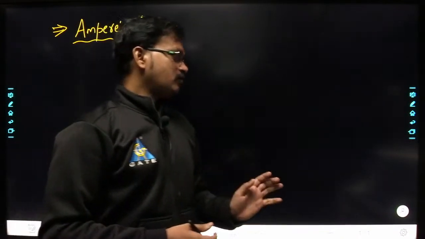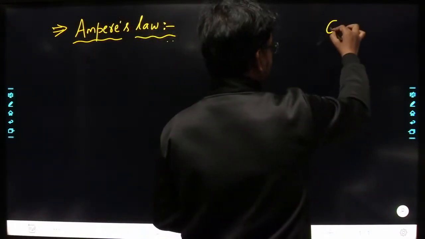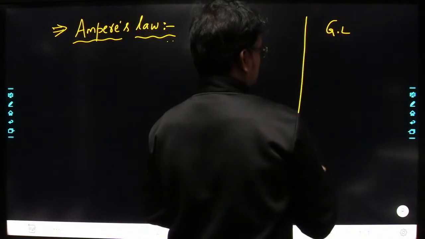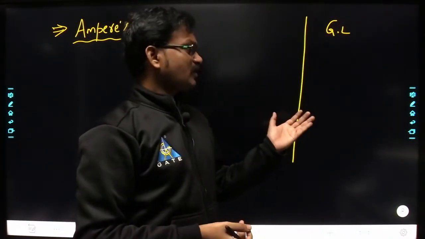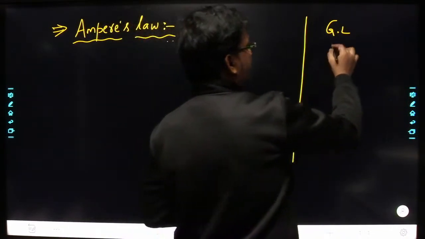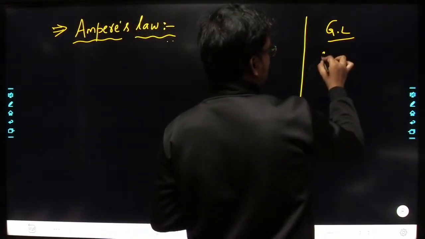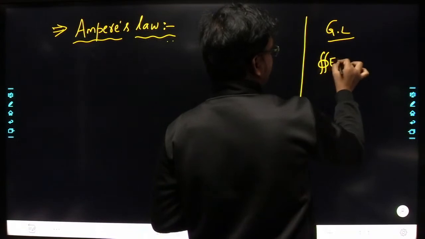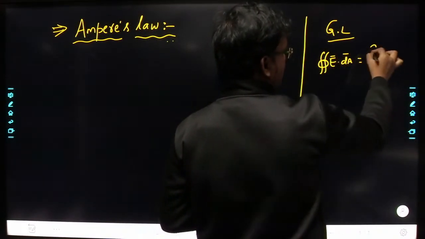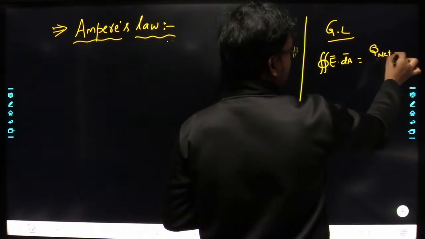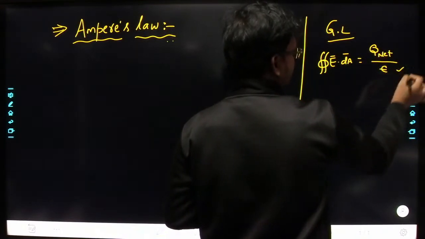Okay. See here, previously we have studied Gauss's law, right? In Gauss's law for the electric field, the electric flux leaving any closed surface must be equal to the charge enclosed by that closed surface divided by epsilon.